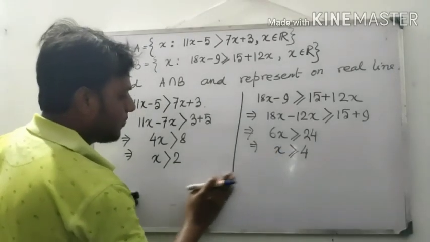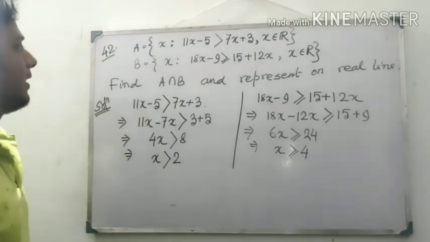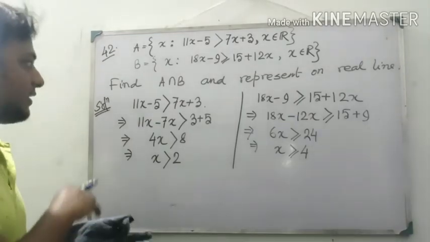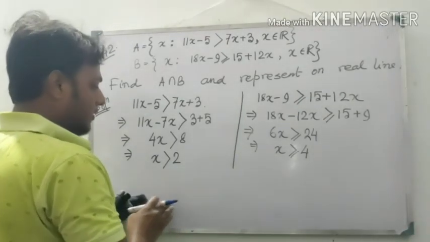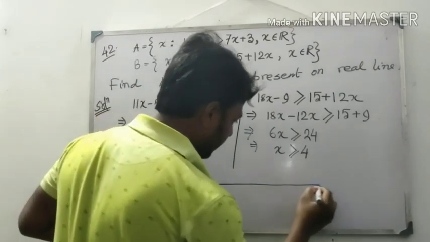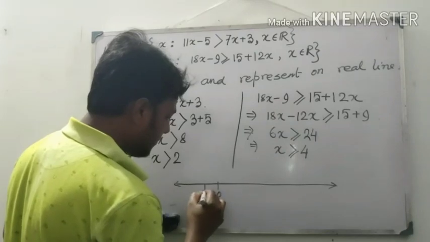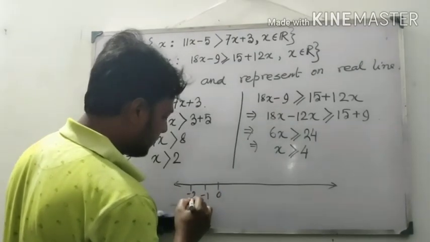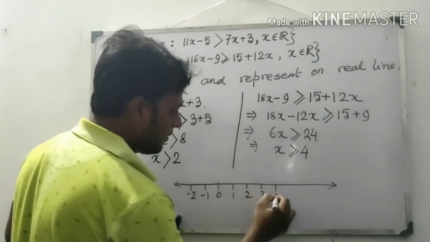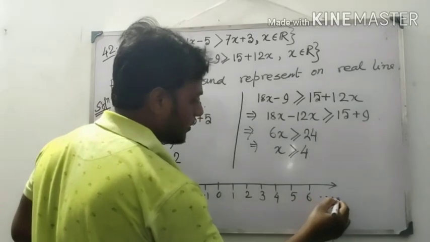Now we plot all these numbers on the real line, then we can easily find A intersection B. A intersection B means the common part. If you plot the numbers, this is the real line, suppose, then this is 0, minus 1, minus 2, 1, 2, 3, 4, 5, 6 and so on.